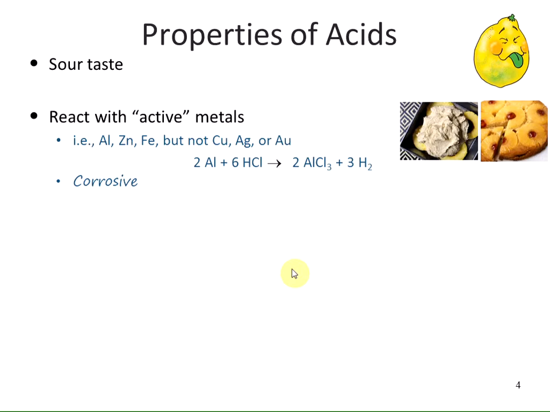For instance, aluminum will react with hydrochloric acid to produce aluminum trichloride and hydrogen gas. This is why you never want to bake pineapple upside down cake in your aluminum baking pan, because it'll actually react. The acid in the pineapples will actually react with the pan and cause some nastiness. So you always want to bake something like a pineapple upside down cake or anything acidic in a glass pan.